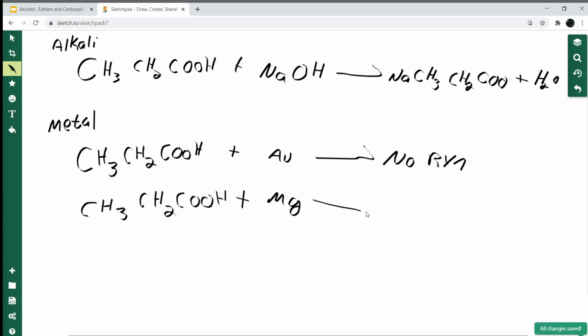Magnesium's fairly reactive, and what will happen is that the magnesium is going to replace this hydrogen here, and we will end up getting a case where the magnesium is replacing the hydrogen altogether. So we're going to end up making hydrogen gas. Whenever we have a super reactive metal reacting with this acid here, we'll kick off some hydrogen gas.